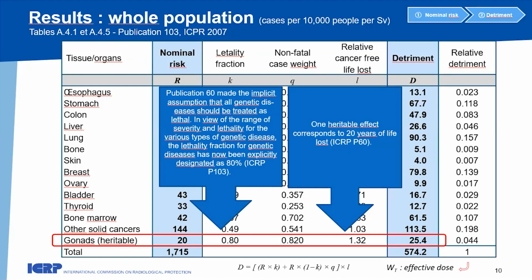And that's what we call the nominal risk, and it's calculated for gonads heritable effects. It should include also the risk of cancer for ovaries among females. But well, the value is the one that has been proposed by UNSCEAR, 20 per 10,000. And the question yesterday was what has been used for the weighting, the severity weighting, to reach the detriment value.